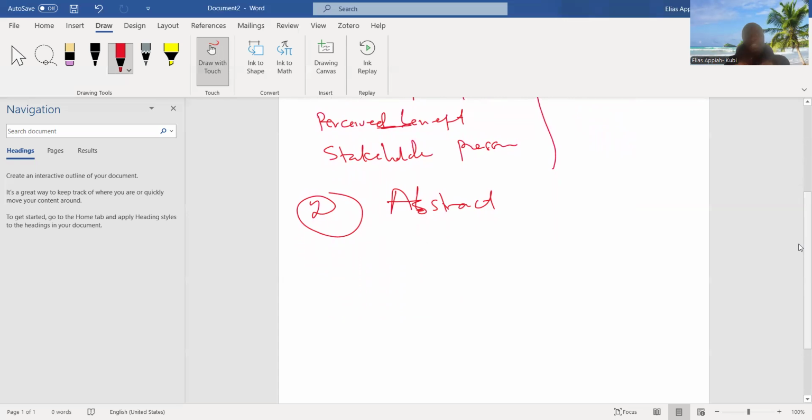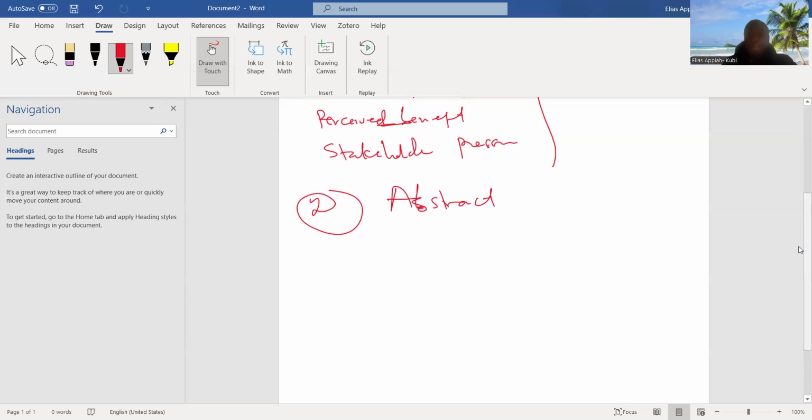But you shouldn't forget that in some journals the word count limit of the abstract is 200 words. Some are 250 or some are 150. It depends on the journal. So you are going to summarize everything in about 150 or 200 words. So how do you write the abstract? As I said, you can only write the abstract after completing the paper.